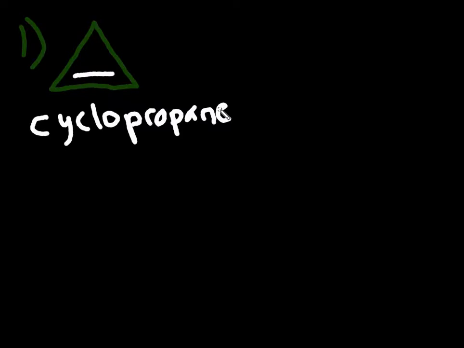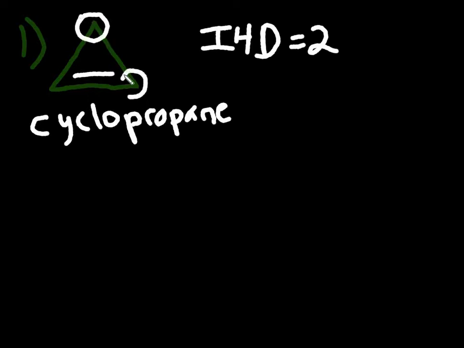So let's take a look at our handy formula here. IHD equals 2, what is N? We have 3 carbons: 1, 2, 3, plus 2. How many hydrogens do we have?